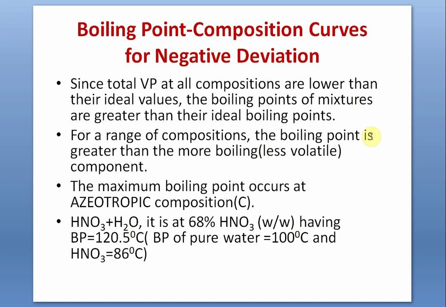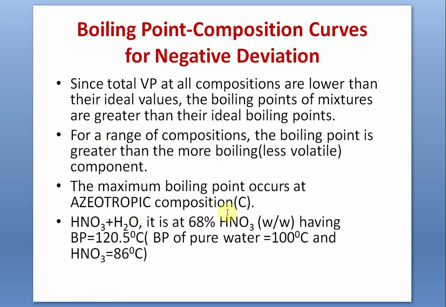in the same manner, for a range of composition, the boiling points will be greater than the higher boiling liquid, that is the less volatile liquid. For a range of composition, the boiling point is greater than the higher boiling or less volatile component. The maximum boiling point occurs at the azeotropic composition where the vapor pressure was minimum.